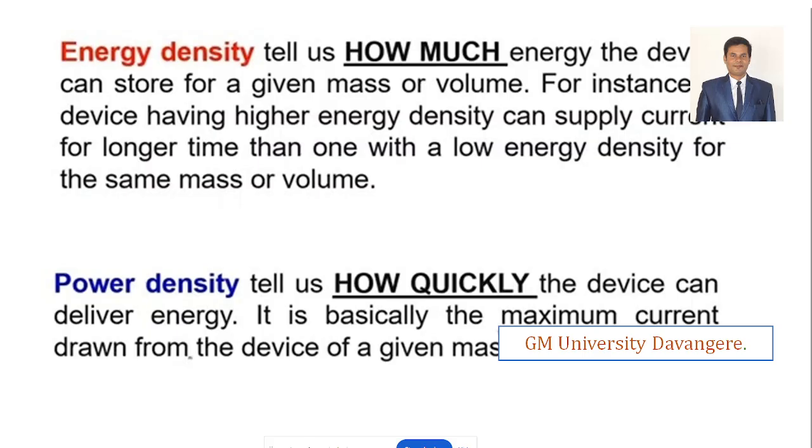So energy density is for a given volume, right? What it tells is how much energy that device can store. The Syntex can store 1,000 liters of water, 500 liters, or 2,000 liters of water, right? So how much time will it take to fill the buckets to make the Syntex empty? Completely the water has to be made empty in the Syntex, correct?